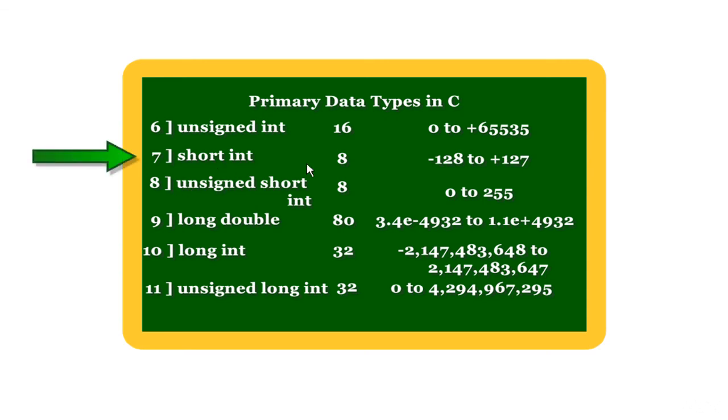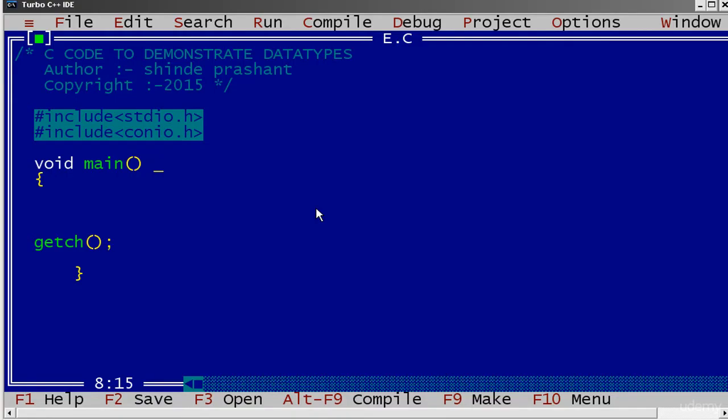When you put short before int, you get this size. In the same manner, there is a long keyword. The long keyword is also used to increase the size, and when you put long before double or int, these are the ranges you get.